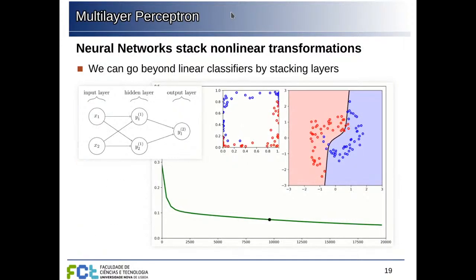So let's see what we can do if we go beyond the single neuron and we use an additional layer here before, a hidden layer. What we are doing is that these two neurons in the hidden layer are transforming the data we input into the network and changing it so that the output neuron is actually looking at the different shape of points after this transformation.